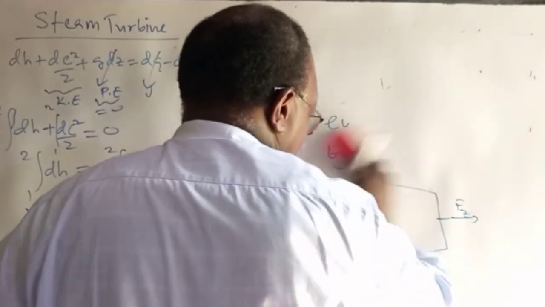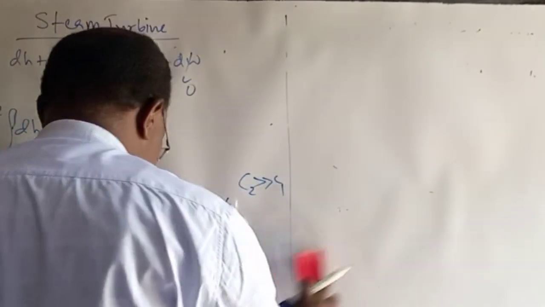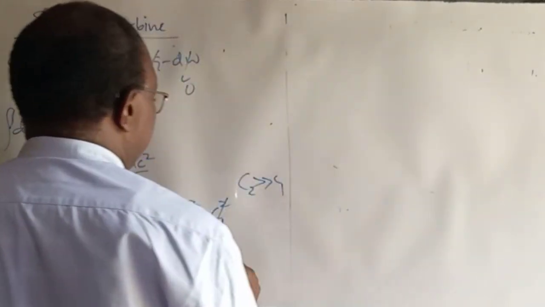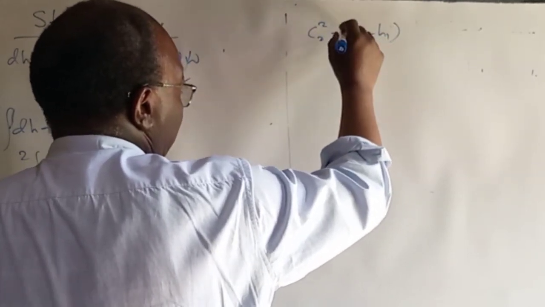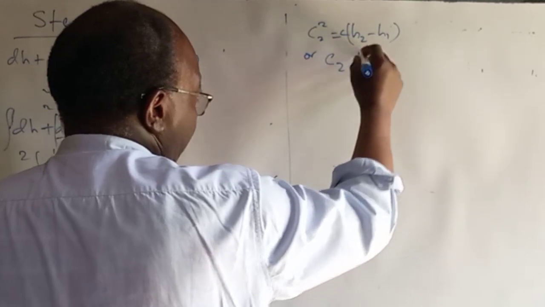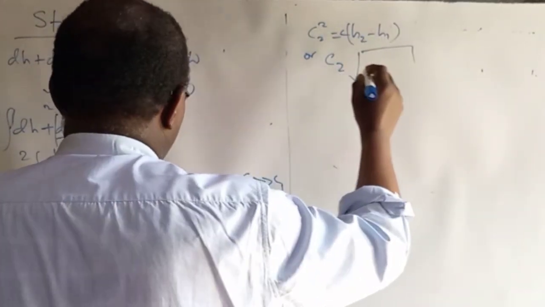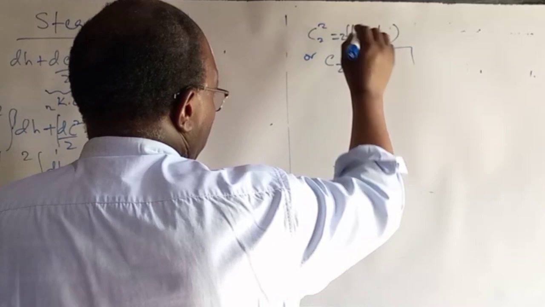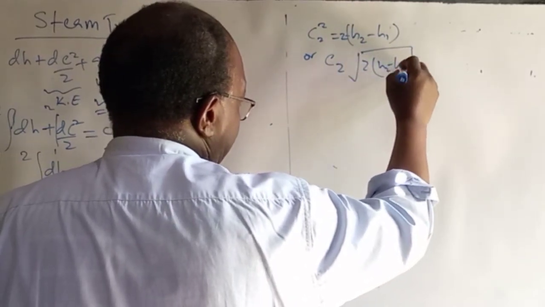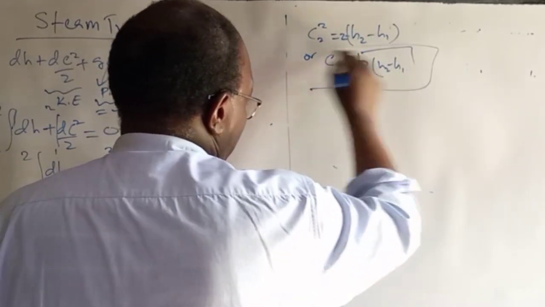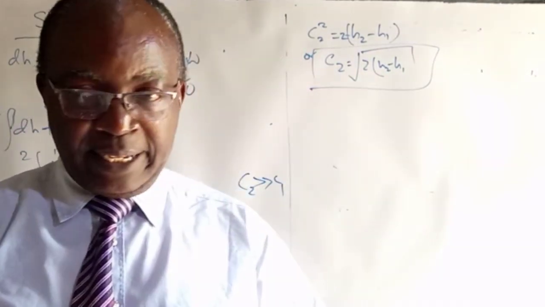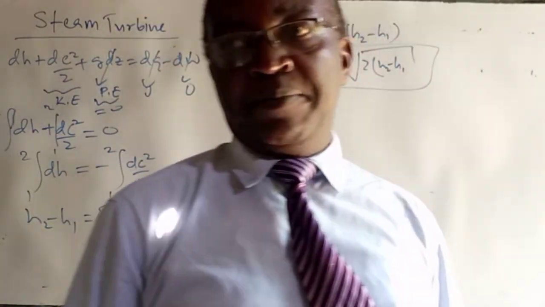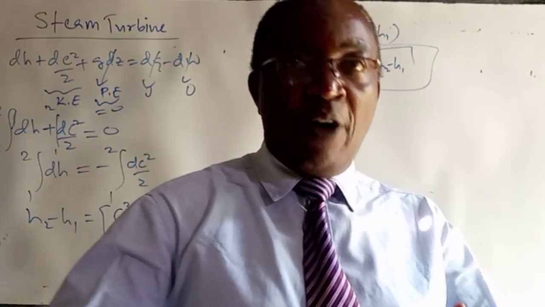A simple rearrangement tells us that C2 squared is equal to 2 times H2 minus H1, or C2 is the square root of 2 into H2 minus H1. I repeat, the nozzle achieves a very important thing. It enhances the velocity of the steam. Of course, that increases the impact on the blades which are mounted on the drum.